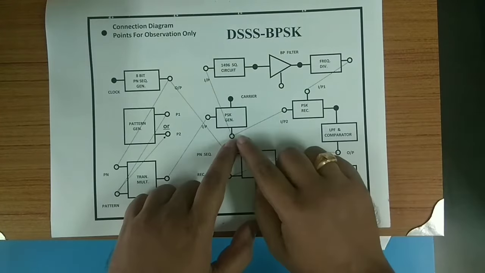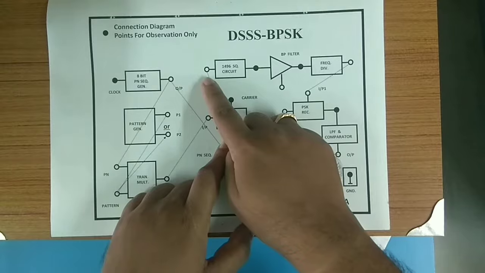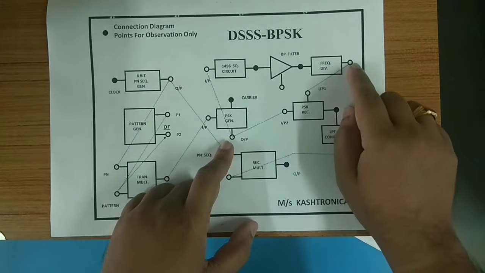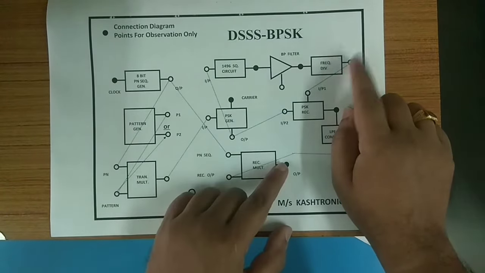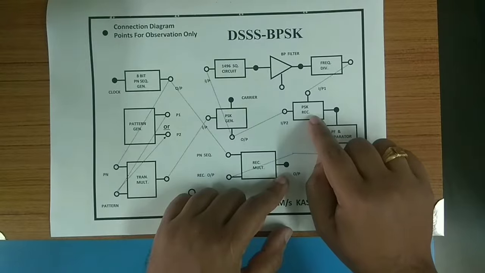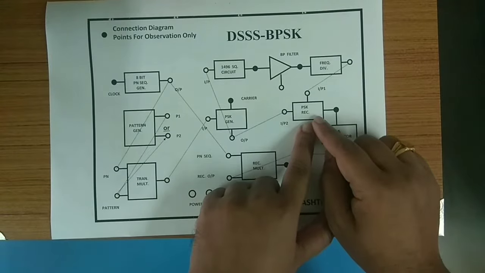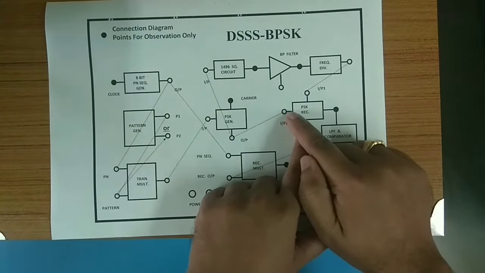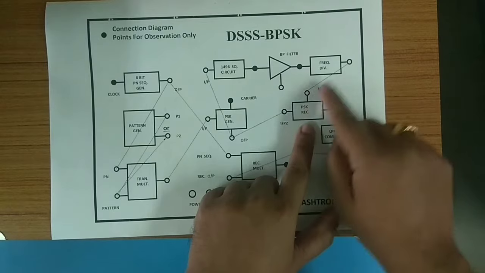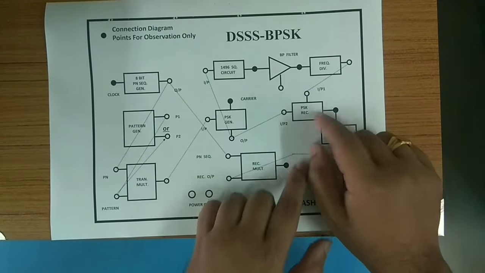The received signal goes as input to the carrier recovery circuit, and at its output we get the synchronous carrier. This carrier is used for demodulation in the demodulator block. For the demodulator we give two inputs: one is the received BPSK signal, and another one is the recovered carrier. Here BPSK demodulation will occur.